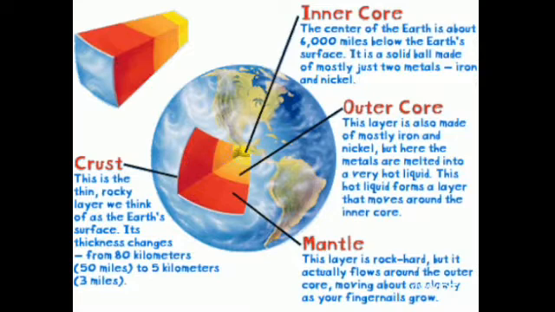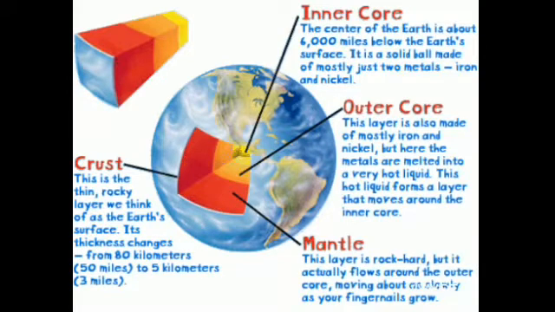The mantle is a layer that is rock hard, but it actually flows around the outer core, moving about slowly. The outer core is also made up of mostly iron and nickel, but here the metals are melted into a very hot liquid.